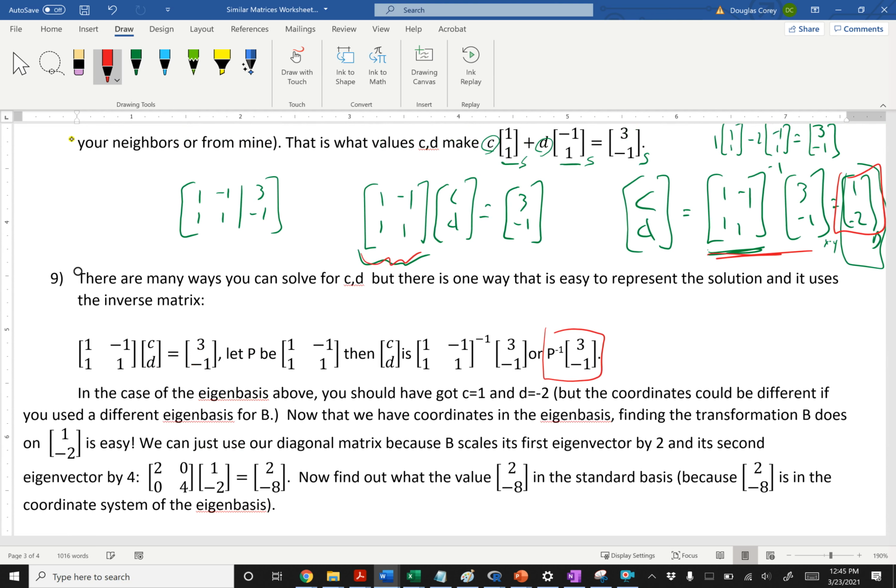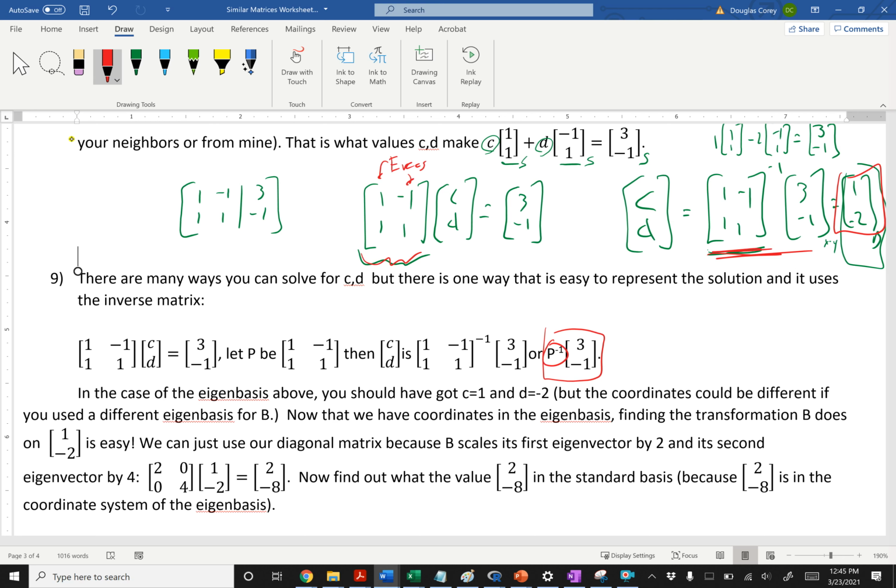Great. This is just the point that I already made up here, that if we take this matrix, notice this is a matrix of eigenvectors. This is the eigenvectors of B, and so we have the first and the second one, and what we did was we found the inverse of that matrix, P, and then multiplied it by this vector, 3 and minus 1, to get our coordinates in B. So we'll come back to this idea.